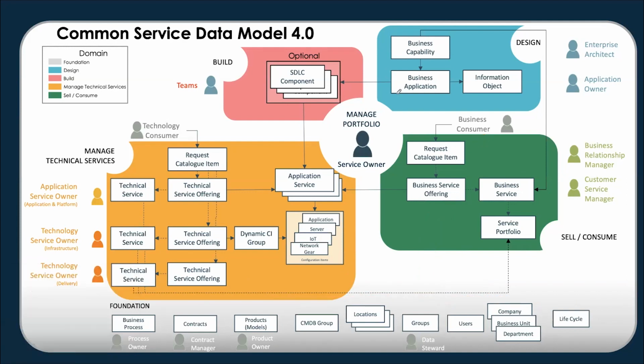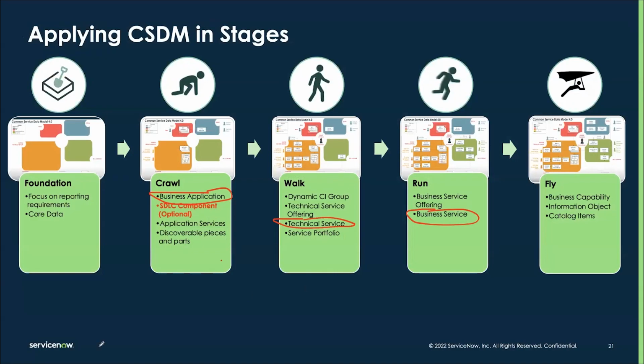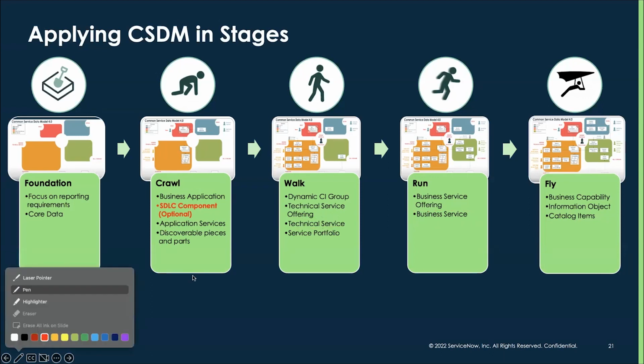Same thing here, technical services or business services. I know a lot of customers are still trying to sort out business versus technical. What's the difference? Well, we've defined some guidance now: technology consumer versus business. But those are all considerations in what you need to focus on first, second, third. This is just a standard way we've broken it down that people can start with, and then adjust based on where your maturity happens to be.